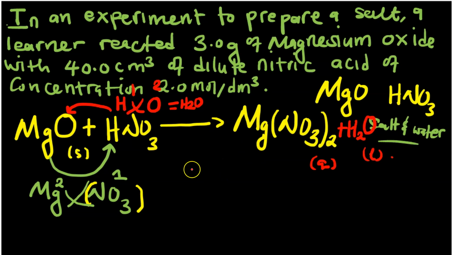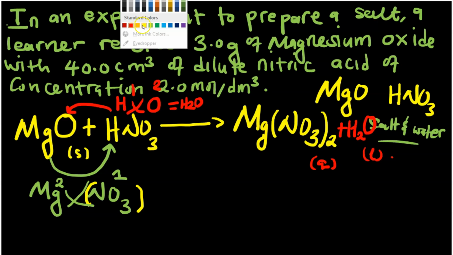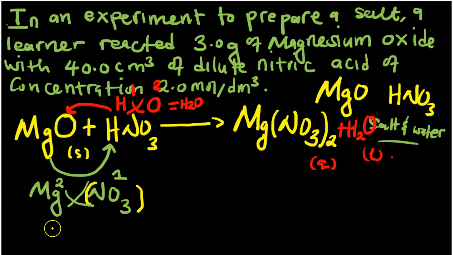Now the question we should ask ourselves is, is the equation balanced? So the equation is not balanced. Now what do we do for us to balance it? So we need to know the atoms that are involved in the reactants, and of course the same atoms that are present on the product side. So now what are the atoms? We have atoms of magnesium, atoms of oxygen, atoms of hydrogen, and atoms of nitrogen.